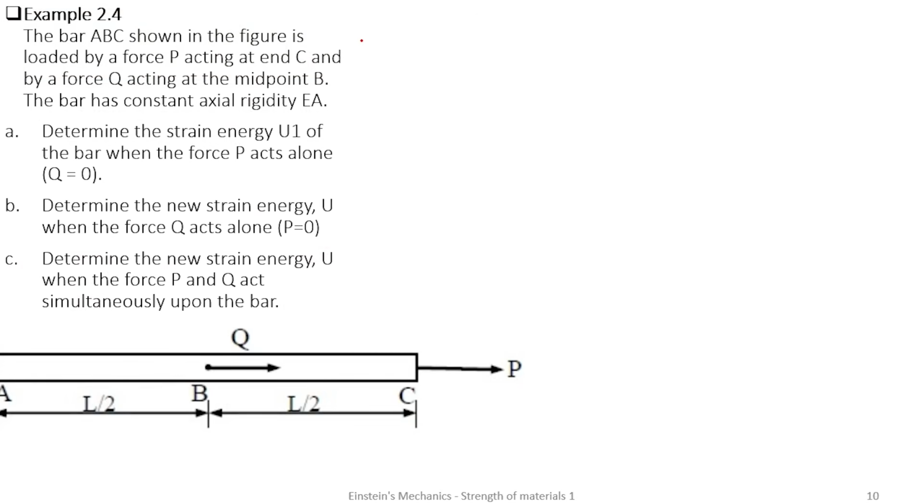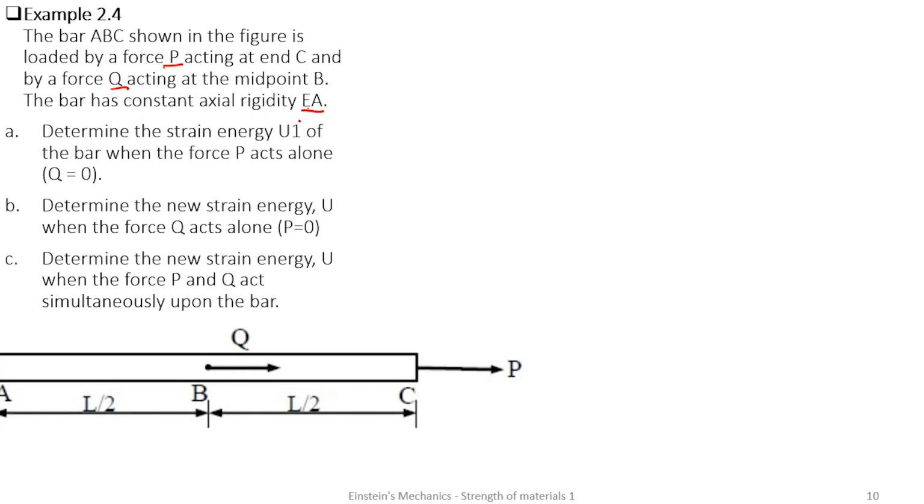Okay, so we have this example. This is interesting. We have this example under strain energy. We have a bar ABC, which is shown. We have the forces P and Q on the bar.